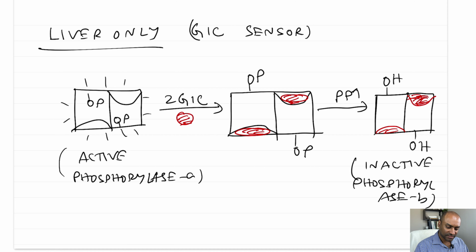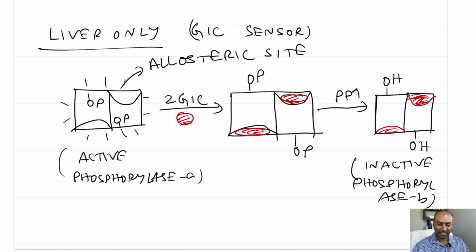So the extra glucose, which will enter the liver, will bind these allosteric sites. So these sites are allosteric sites for glucose binding. Okay, so this site and that site, they are allosteric sites.